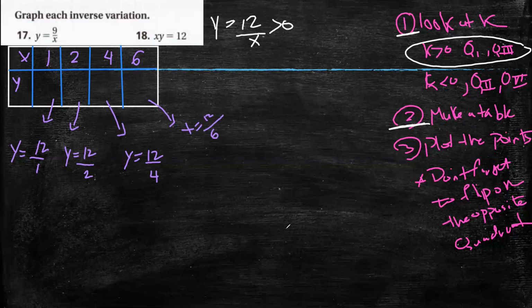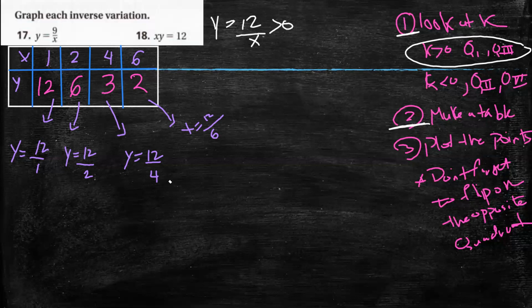For the first one, the value of y is 12. The second, 12 over 2 is 6. 12 over 4 is 3, and 12 over 6 is 2. So I have the points 1, 12, 2, 6, 4, 3, and 6, 2.